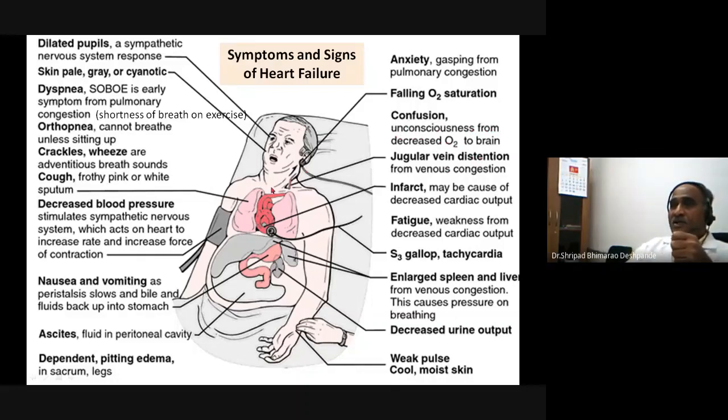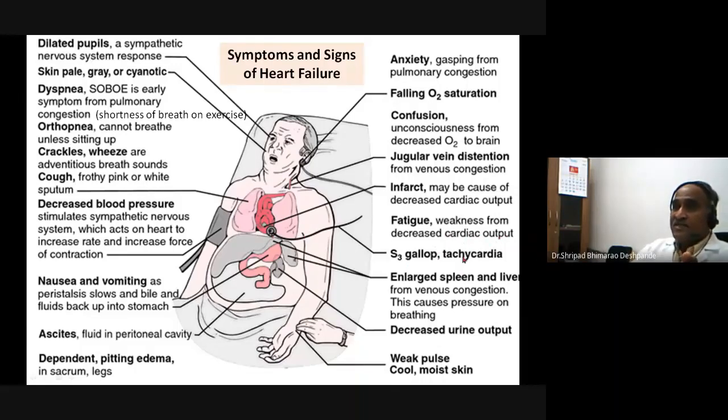Then the jugular vein is distended and pulsatile, even reaching a very high level. Sometimes you may find infarcts in the coronaries, and that may cause a decreased cardiac output. Overall, he is fatigued and weak, associated with the decreased cardiac output.